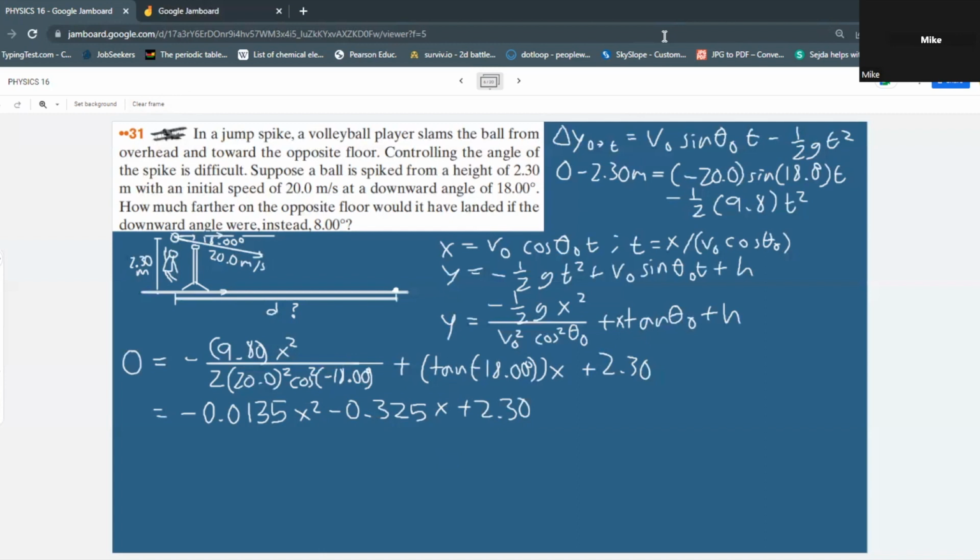Let me check. Tangent of negative 18 is negative 0.325. Now, when we put it in the equation solver, maybe it's positive 18, I wonder. So, negative 0.0135, then negative 0.325, and then 2.3.